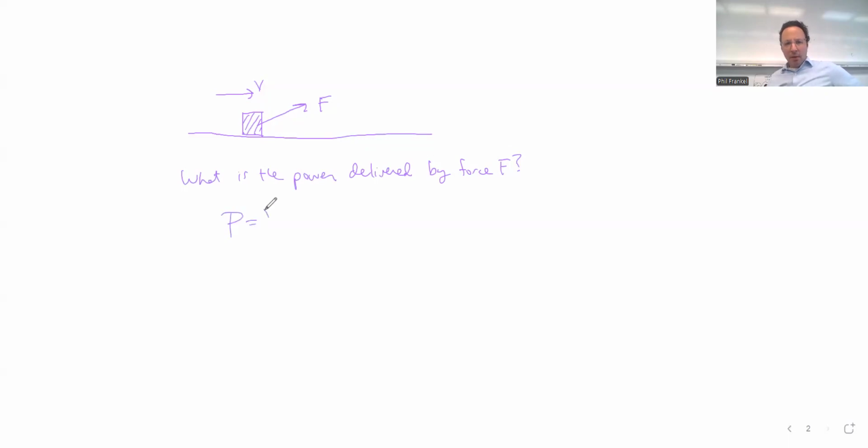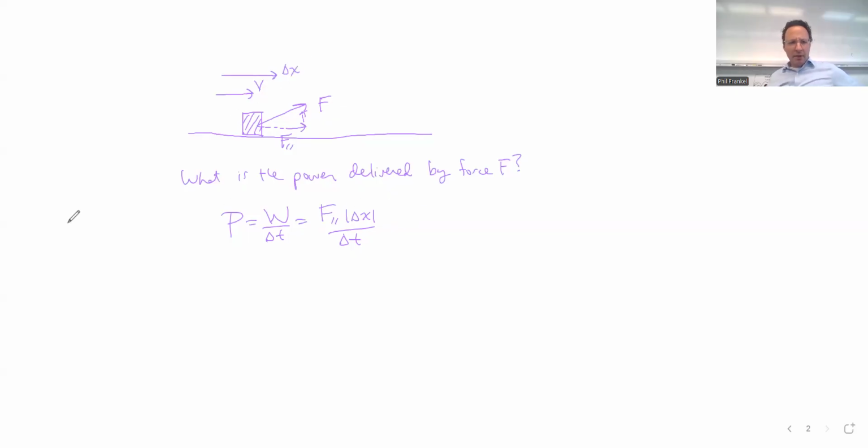Well, we said power is work divided by the time it took to do that work. But I know work is F parallel times delta X, force times distance. This force, F, does work because it has a component, F parallel, which is parallel to the displacement.